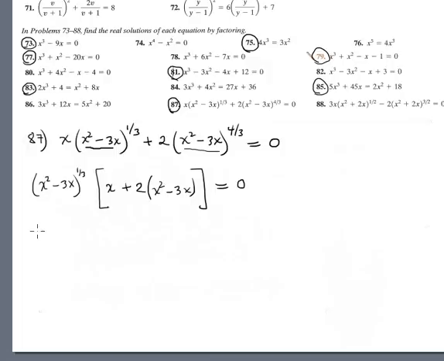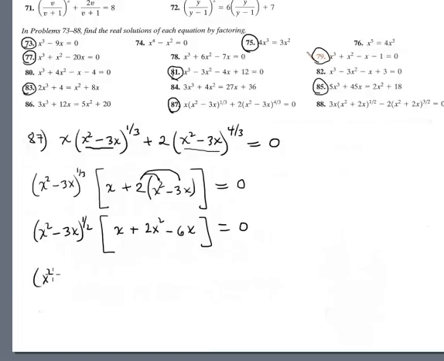Okay, let me manipulate this part. This is x squared minus 3x raised to the 1/2, bracket, x plus, distribute the property here, 2x squared minus 6x, equal to 0.